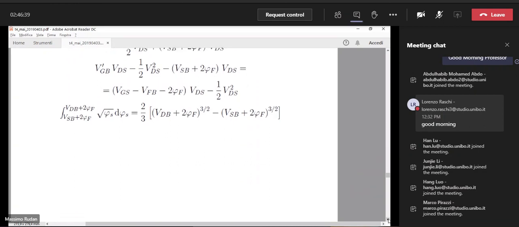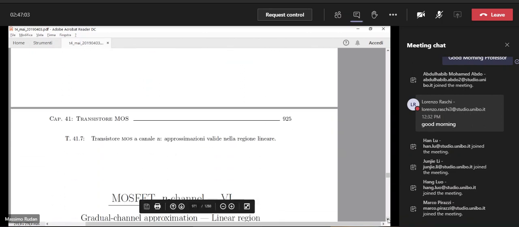So here there is nothing to simplify, okay? We must take it as is. So we have 2/3 [VDB plus 2 phi f], that is the upper limit, to the 3/2 minus this to the 3/2, and then we multiply by gamma, and then we multiply by beta with the minus.